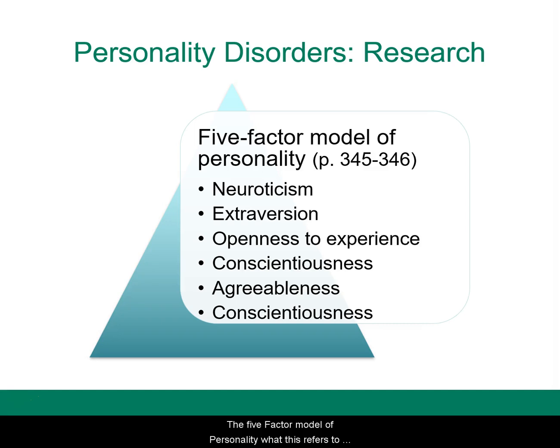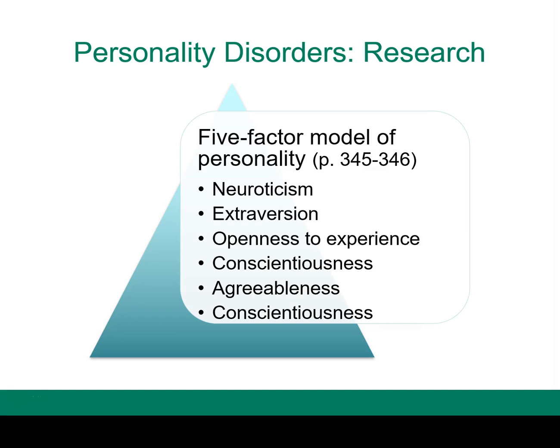Okay. The 5-factor model of personality, what this refers to is that if you look at these personality traits or characteristics, you have neuroticism, extroversion, openness to experience, conscientiousness, agreeableness. One, two, three, four, five. Conscientiousness is on there twice. Okay, sorry about that.